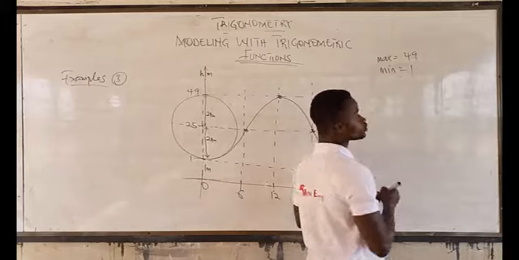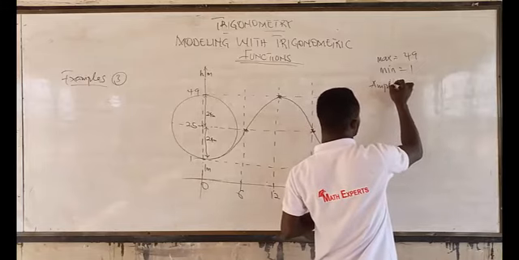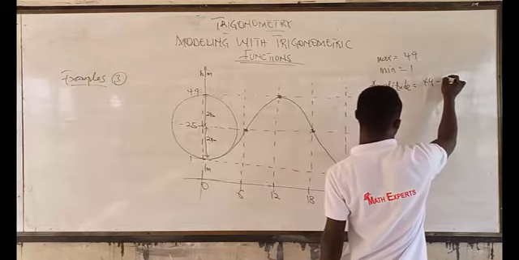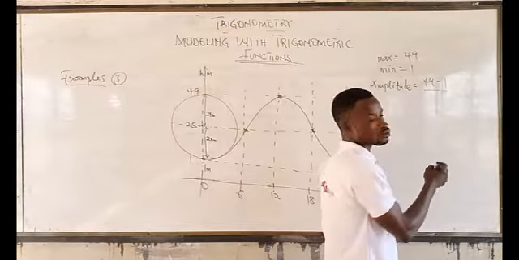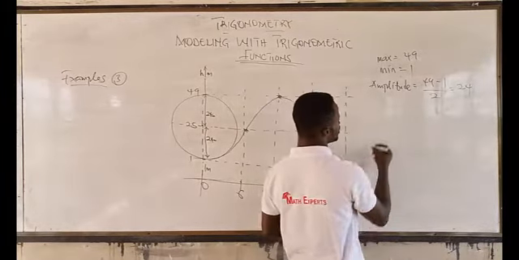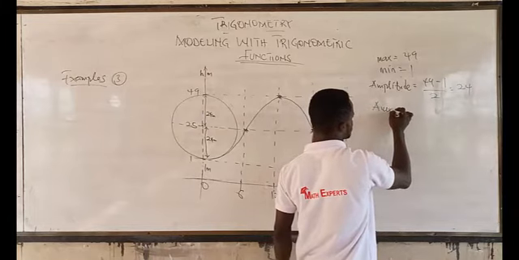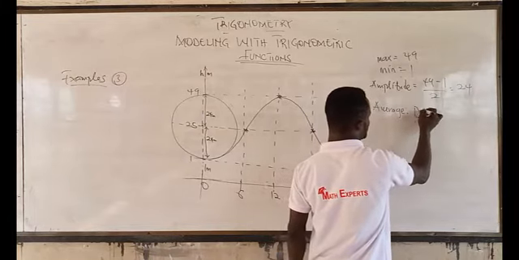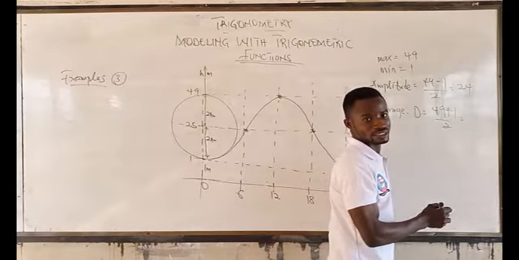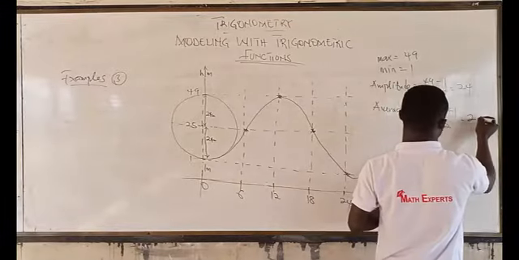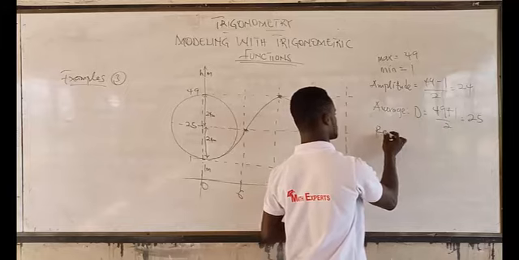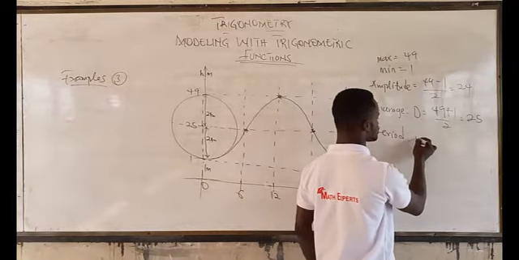So the amplitude is (49 minus 1) over 2, and that's going to give you 24. Then we go for the average, which is the same as the capital D, which is (49 plus 1) over 2, and that is going to give us 25.